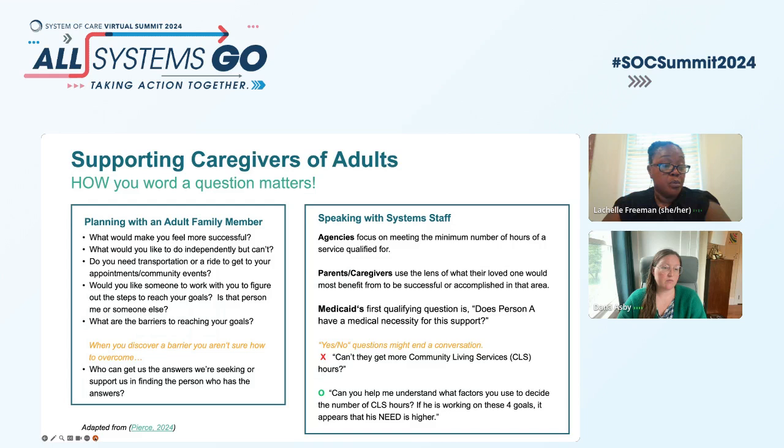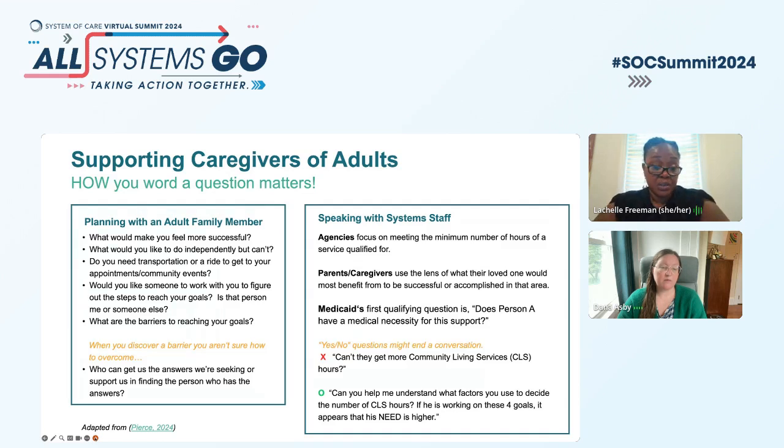Okay. Who could get answers that we're seeking, or support us in finding the person who has the answers. And sometimes when you work in the mental health field, you have access to that. When you work in the substance use field, you have access to that, or people who know people, right? Or sometimes you just have to figure out what your natural supports are.